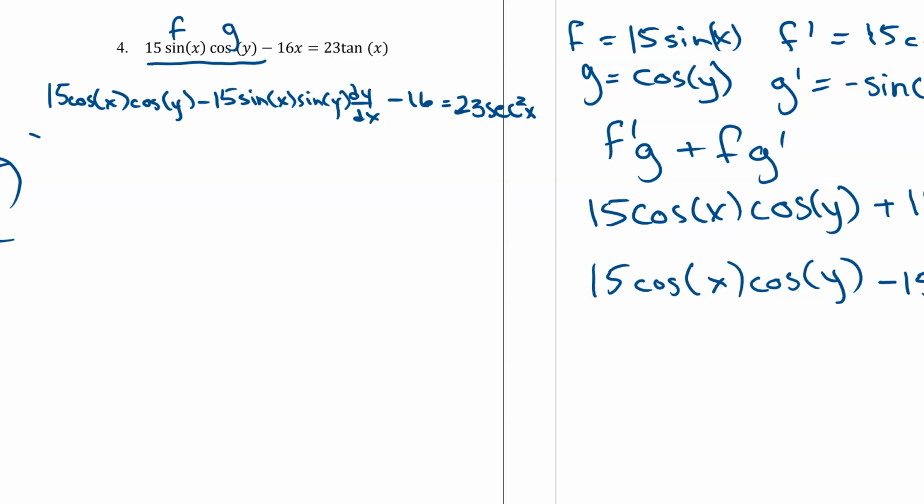All right, move 15 cosine x cosine y to the other side because it doesn't have a dy dx. Then we have to move the 16 as well. None of them are like terms.